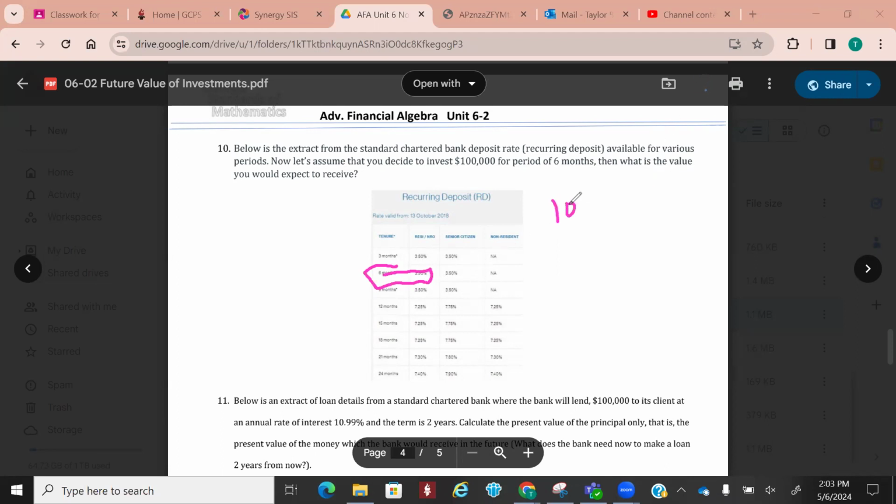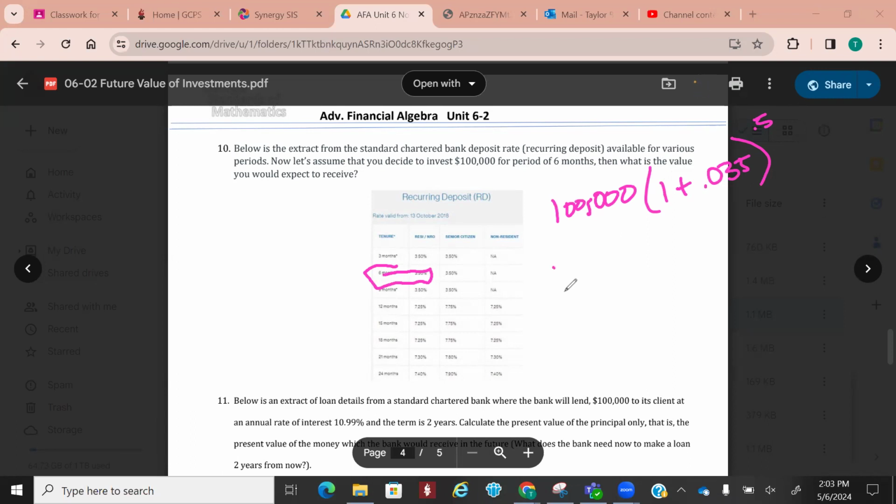So we've got 100,000, and we're going to multiply it times 1 plus 0.035, and we're going to raise it to the 0.5 power because it's half of a year for 6 months.